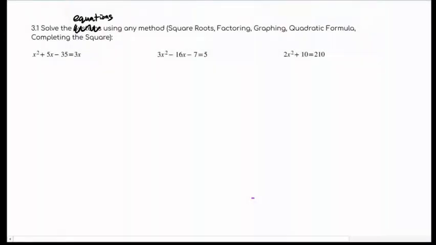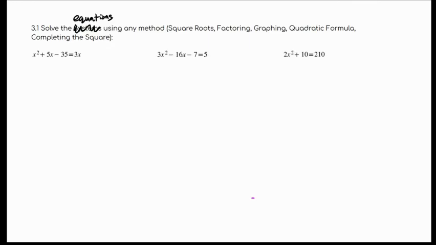You're asked to solve, I think I said systems originally, but I meant to say equations, using any of the methods that we have worked on. Technically you could do graphing for any of these, but I'm going to set them all equal to 0 and then decide from there which ones make the most sense.